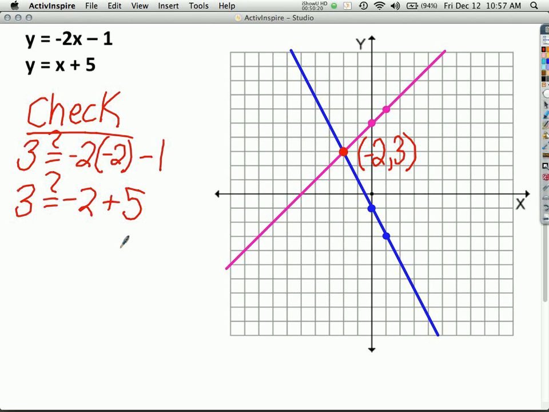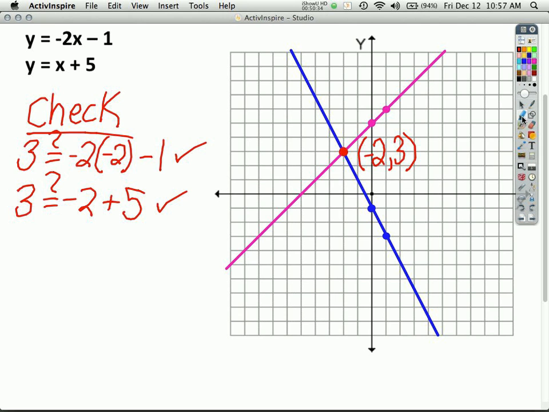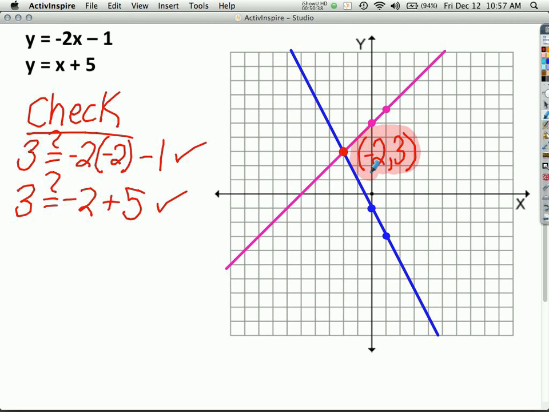So let's see. Negative 2 times negative 2 is positive 4. Positive 4 minus 1 is 3, so this one works. Negative 2 plus 5 is 3, so that one works. So we got the right answer. The solution is negative 2 comma 3. That is what we were looking for.